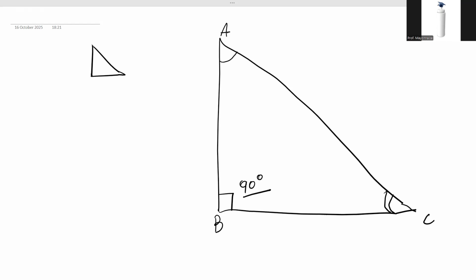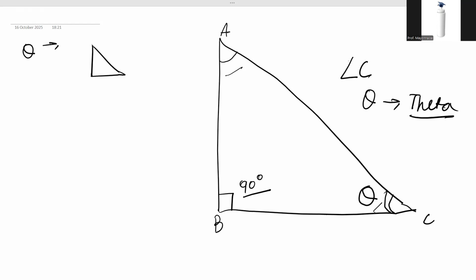So you can take angle A or you can take angle C. Suppose let's take angle C. Let's give angle C a name, theta. So theta is our reference angle.